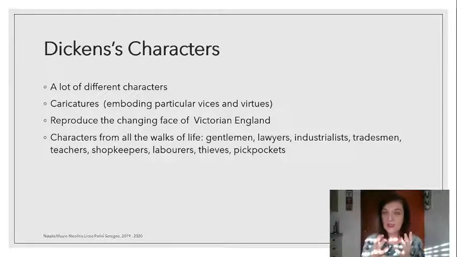We find Victorian gentlemen, lawyers, industrialists, tradesmen, teachers, shopkeepers, laborers, but also thieves, pickpockets, people living in the slums, in the workhouses.